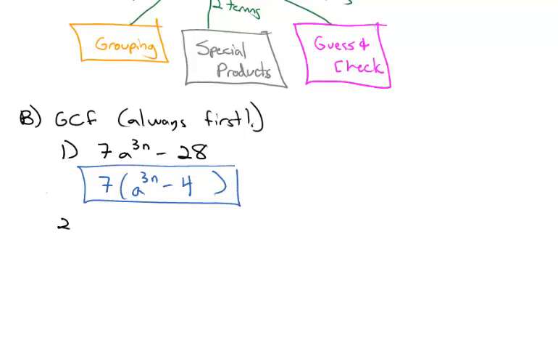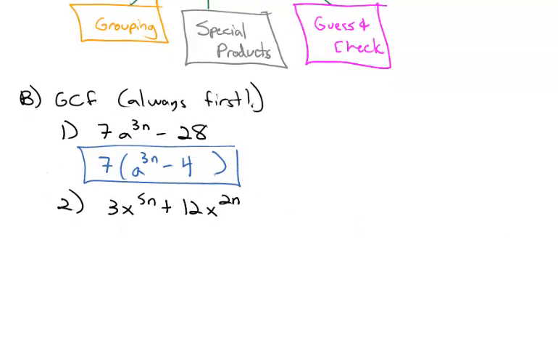Similarly, if I look at an example such as 3x to the 5n plus 12x to the 2n, you'll notice both of those coefficients, 3 and 12, are divisible by 3. In addition, though, they have several x's in common.